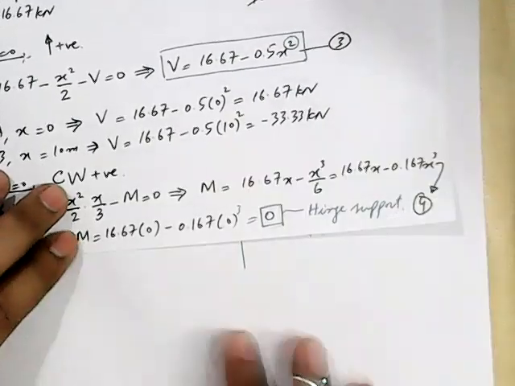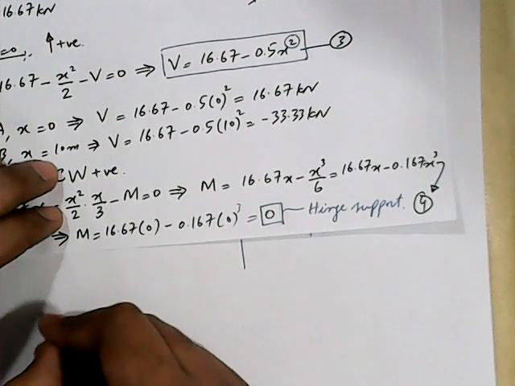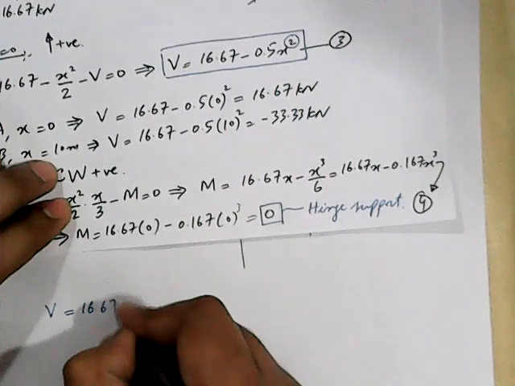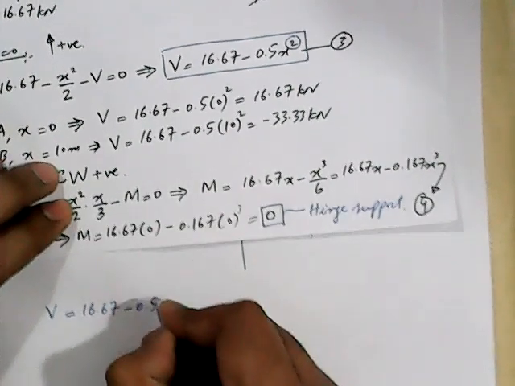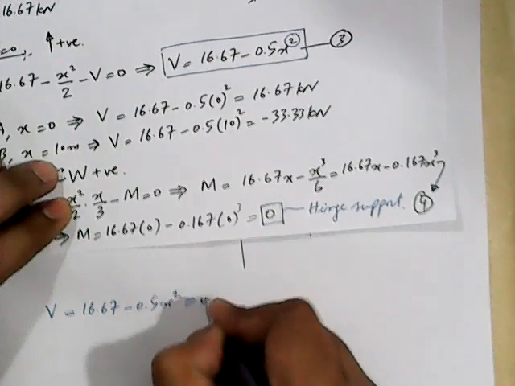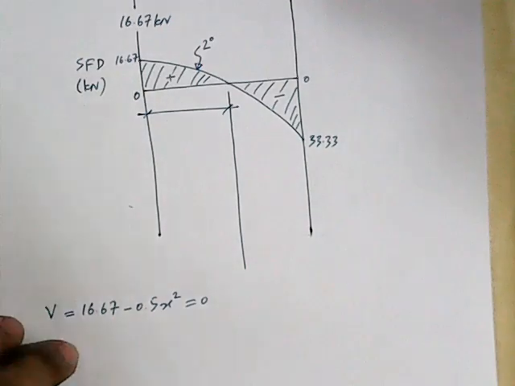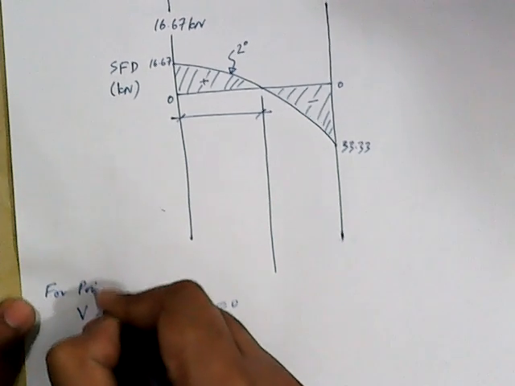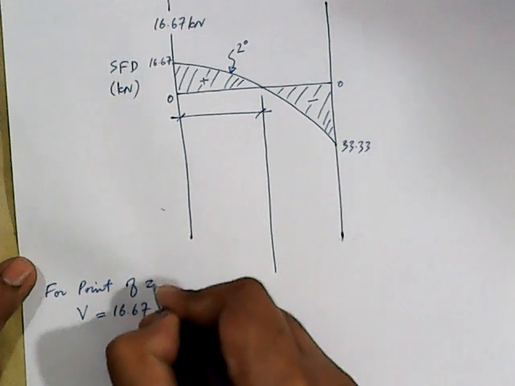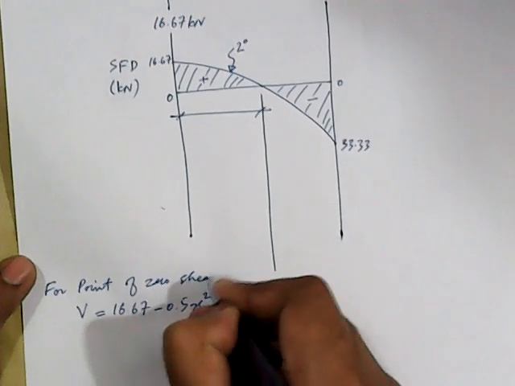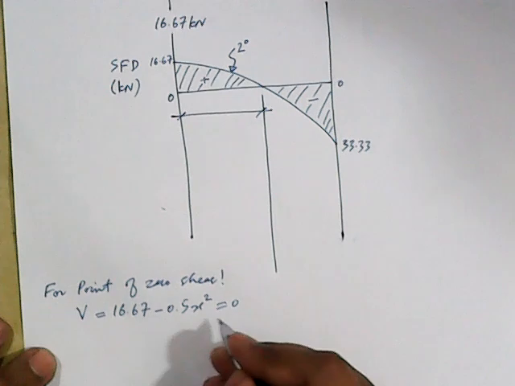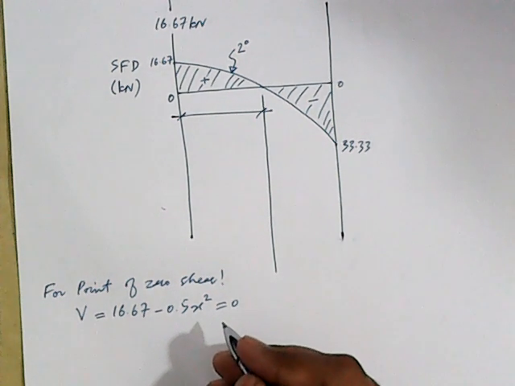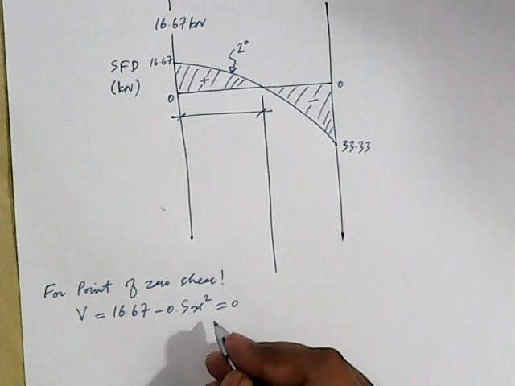So let me write it down. V is equal to 16.67 minus 0.5 x square. Just put it equal to 0. We are doing this calculation for the point of zero shear. If we put it equal to 0 and go through the calculations, let me give you the value of x directly.